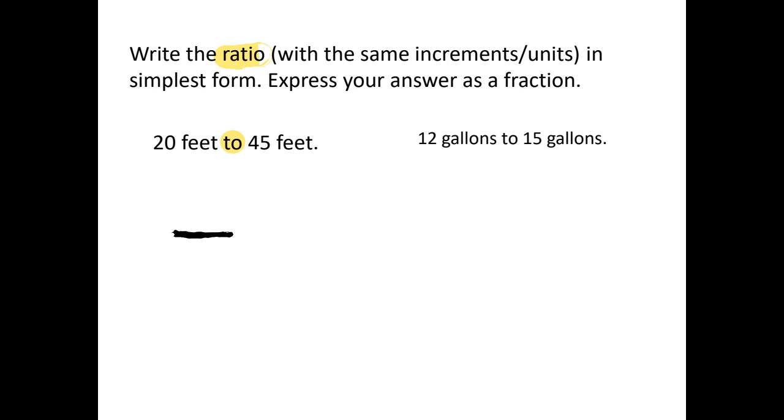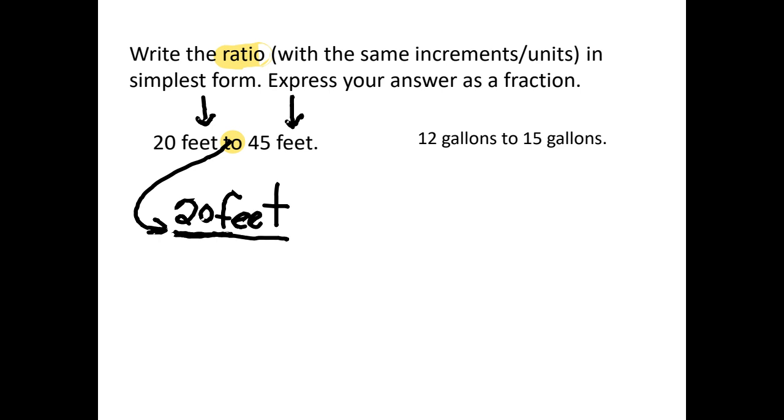Now, I'm going to do it the long way for the first one, but this has feet and this has feet. That means that this will have 20 feet in the numerator, and after the word TO, 45 feet appears. Now, same units. When they are the same units, these cancel out.